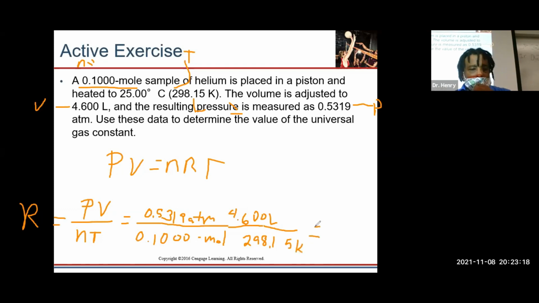And what do you guys get? And the units are atm. Piece of cake. So we just basically calculated the ideal gas constant, right?